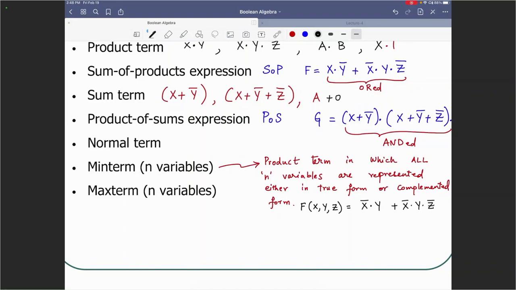So the question now is, am I having minterms in this expression, or am I missing something here? Now, if you notice, this second term is a minterm. Yes, only this guy is a minterm because it has all of x, y, and z. Those are your n variables, in this case 3 variables, represented in either their true form or their complemented form. But this first product term is actually not a minterm.